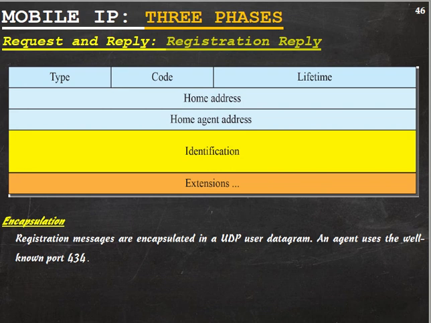And the last phase is the data transfer. So first we have seen agent discovery. Once that is done, the registration phase takes place through request as well as through reply. Once this is done, the final phase is data transfer.